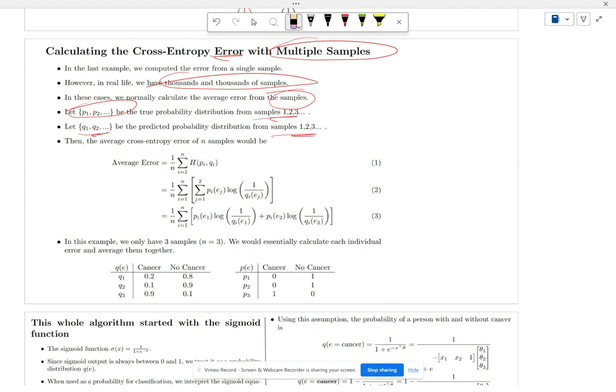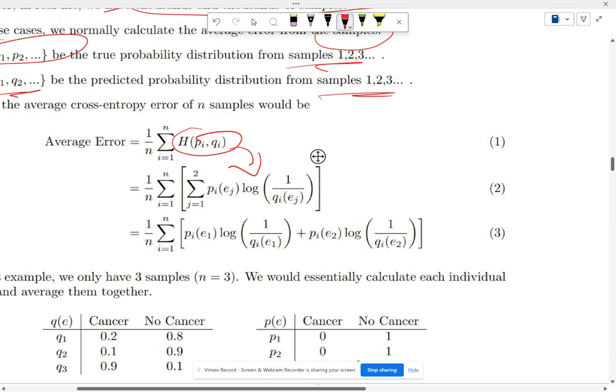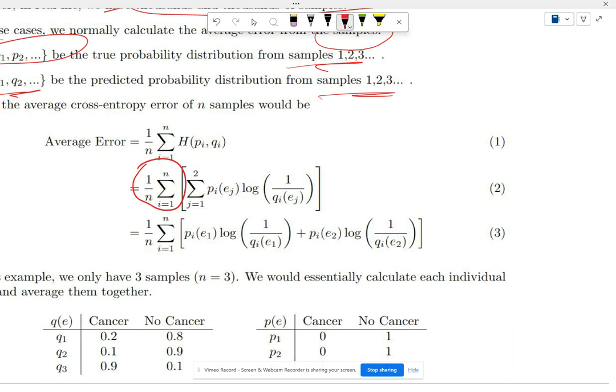Now, when we do this, we just plug this into here. This right here is the cross entropy for one sample, and then we essentially average out n samples. Since this is a binary case, it's just the first case and the second case added together. And that's it.